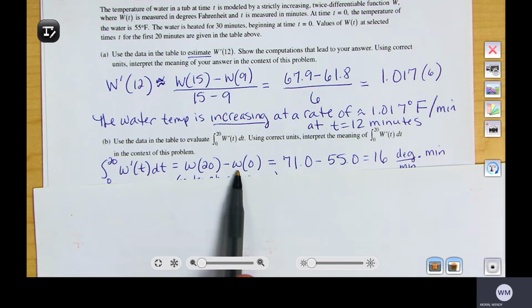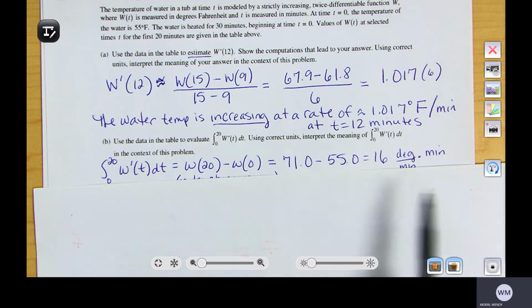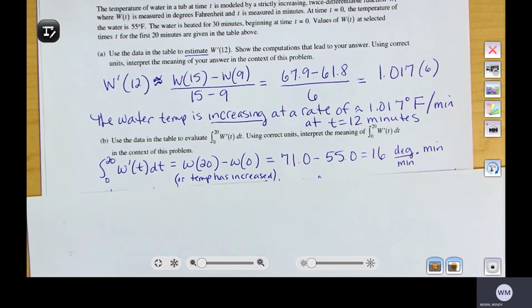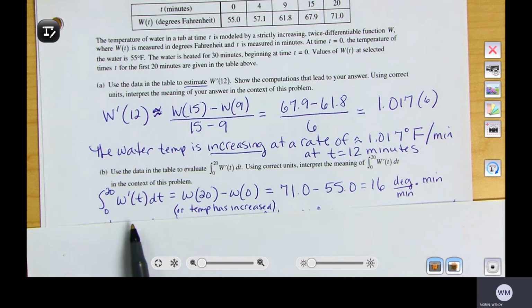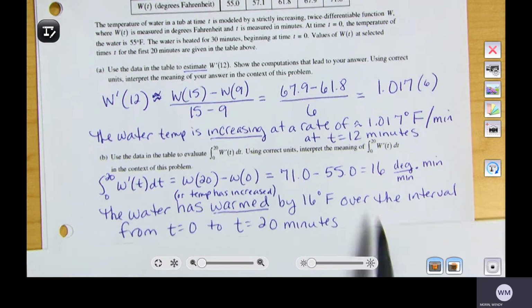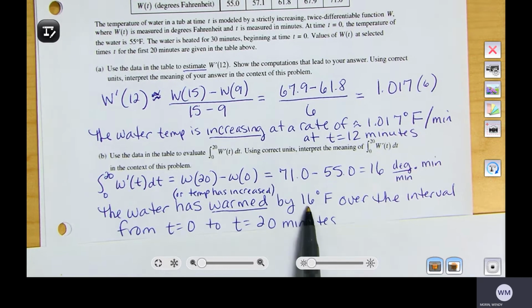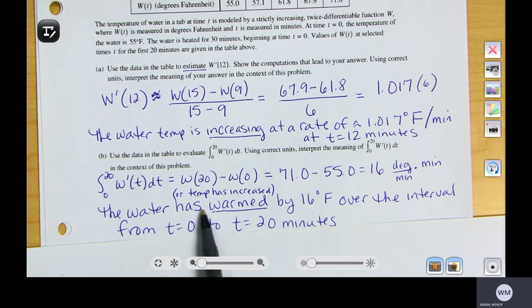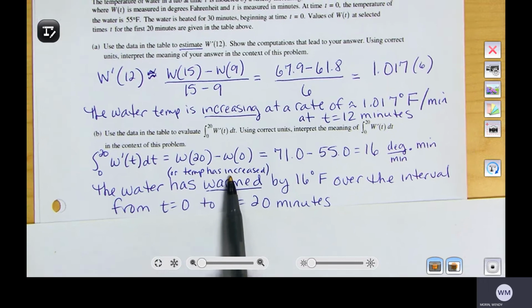Okay, so you can use your calculator, and what you need to realize is the units are very important here. When you integrate degrees per minute, you get degrees. So this 16 is 16 degrees Fahrenheit. The water has warmed by 16 degrees, or the temperature has increased by 16 degrees.